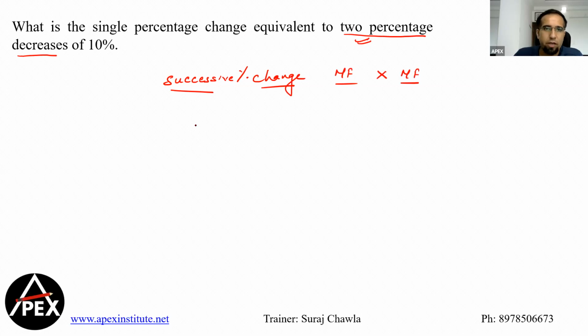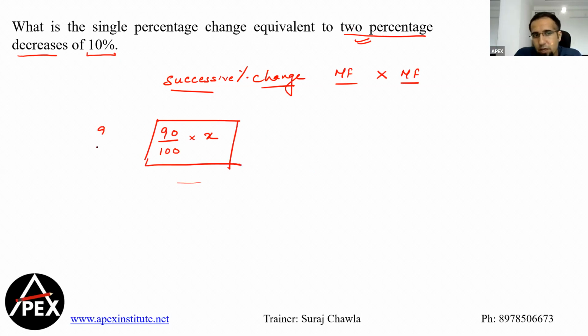Suppose we see this. Initially it was X. So first there is a drop of 10 percentage. So can I say the multiplying factor is 90 percentage of X? Does this point clear? Now, this total value is now dropped by 10 percentage. So can I say again I'm saying 90% of this value?